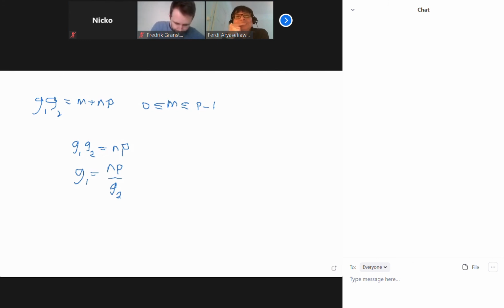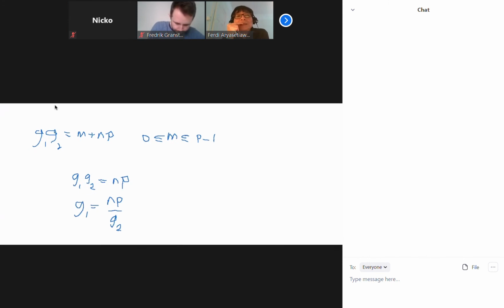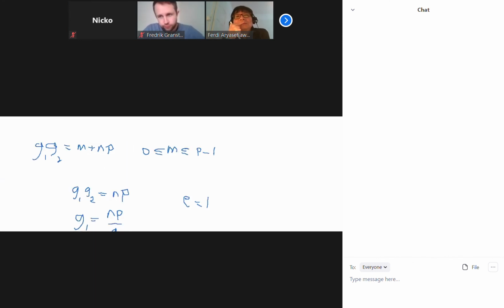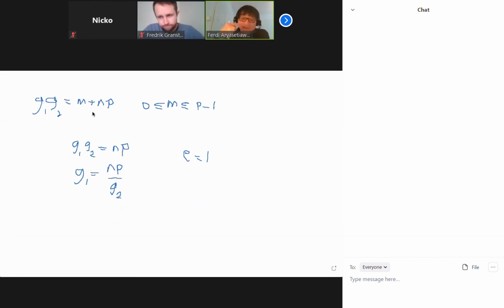So that condition is also fulfilled, and our unit element e is just 1. But then we also need to show that there is an inverse for each element, and I didn't come up with a good proof of that. It feels reasonable, but it's a little bit tricky.